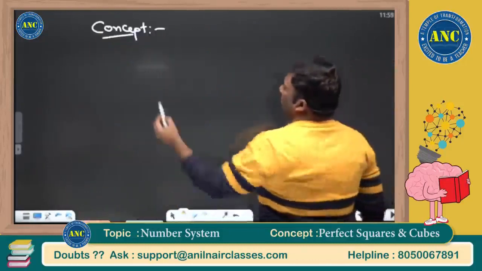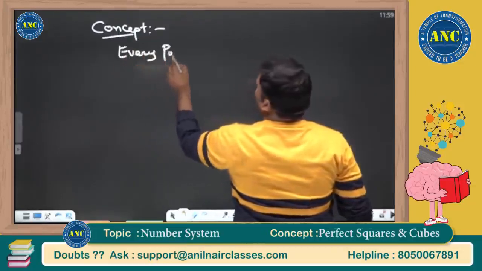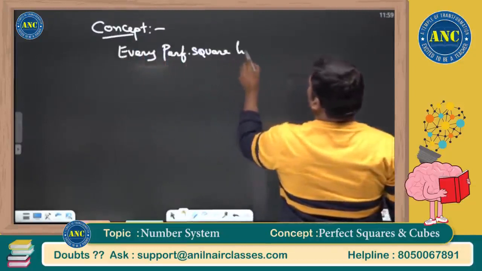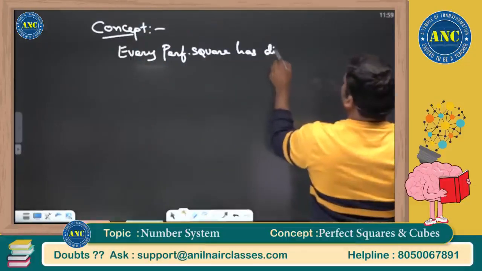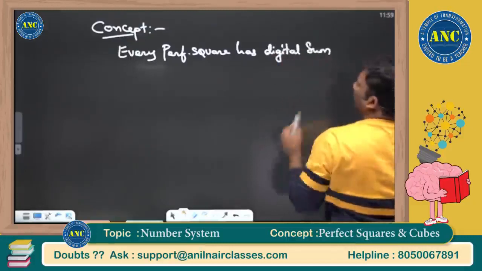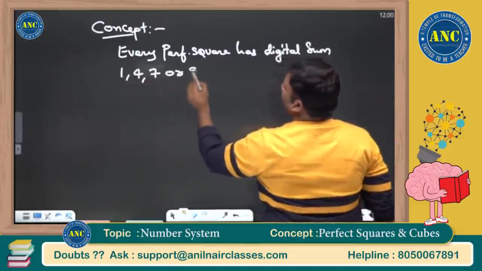Idea clear? Every perfect square has a digital sum 1, 4, 7 or 9.